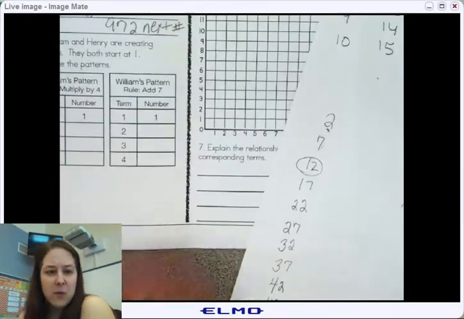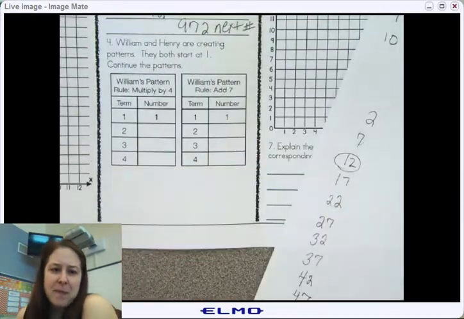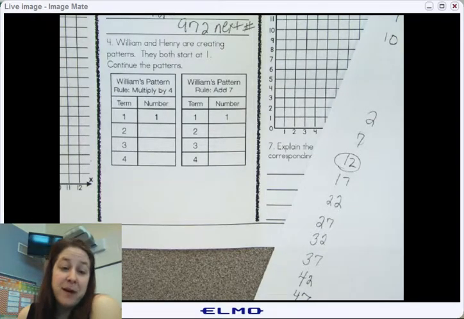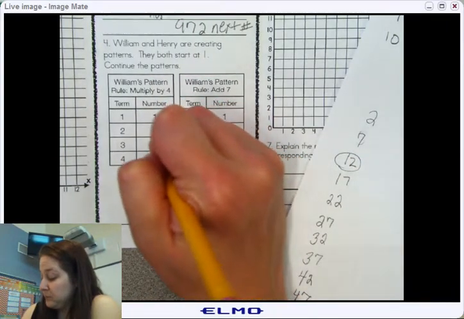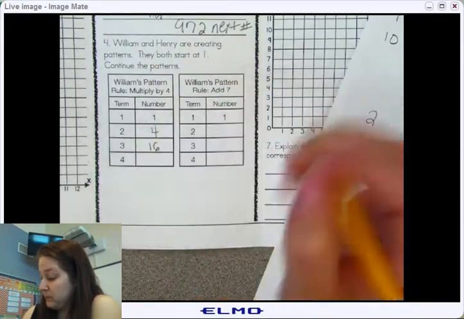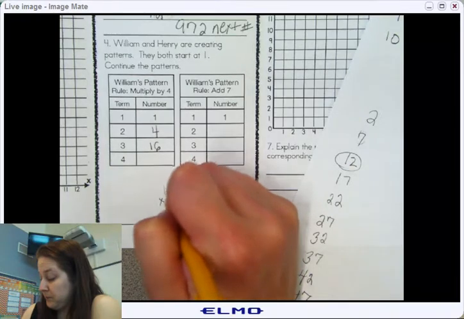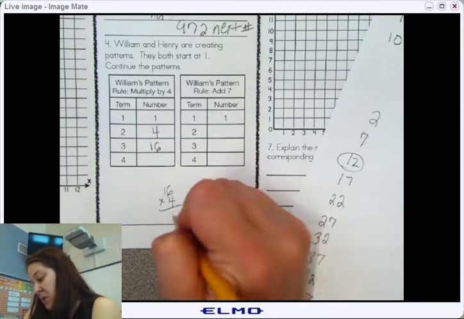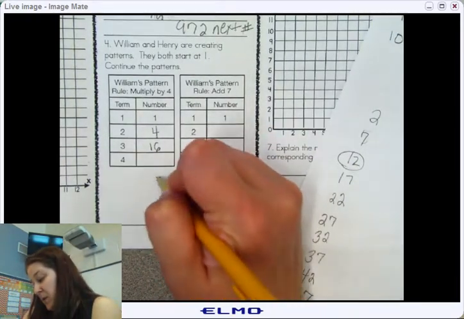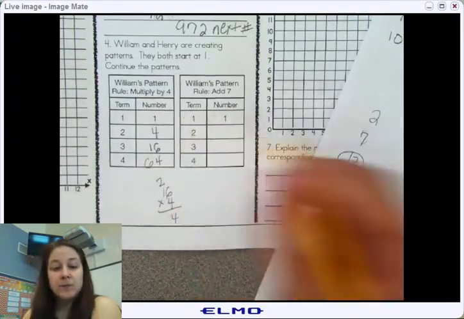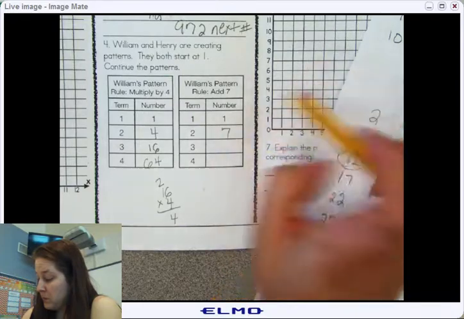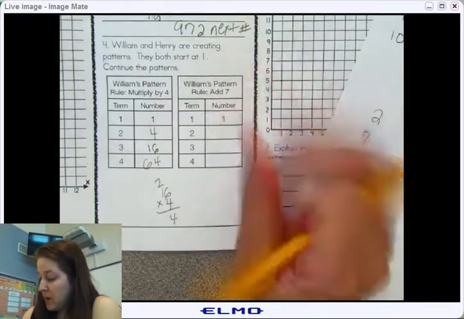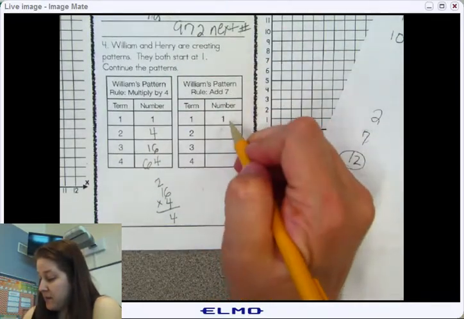So let's look at this one. William and Henry are creating patterns. They both start at 1, continuing the patterns, multiply by 4. So take a moment. This one says add 7.